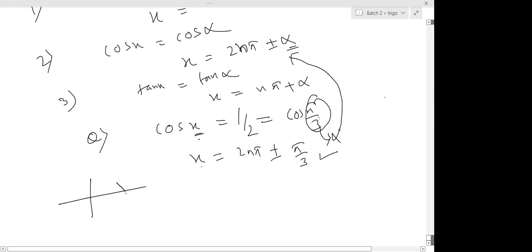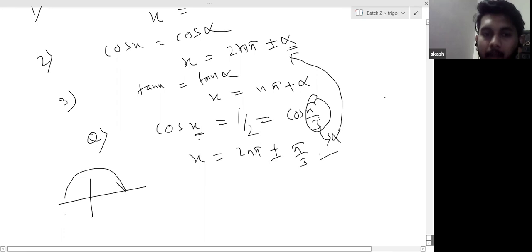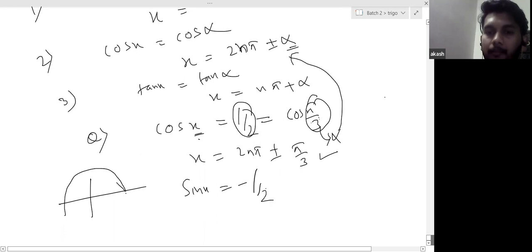So how to find alpha? Just move from this, and whatever values you see here, the first angle you see will be alpha. What this means is, if I give you sine x equals minus half, you can write many angles for minus half. So what angle to take as alpha? Sine is negative here and here.